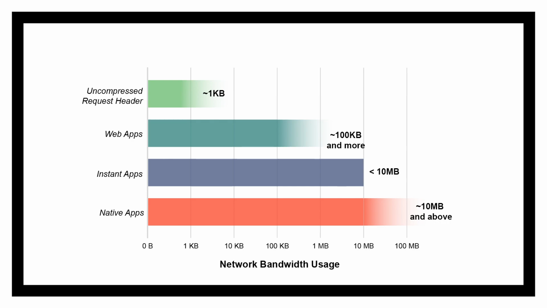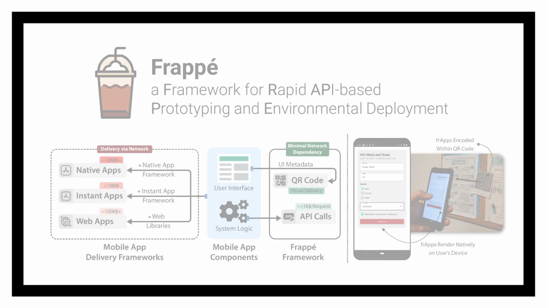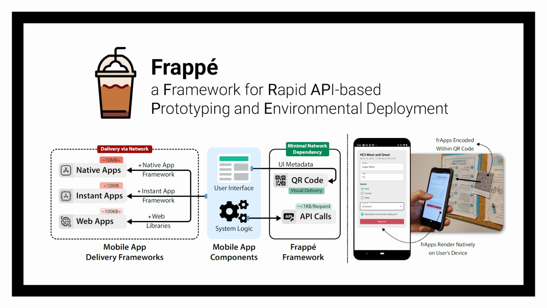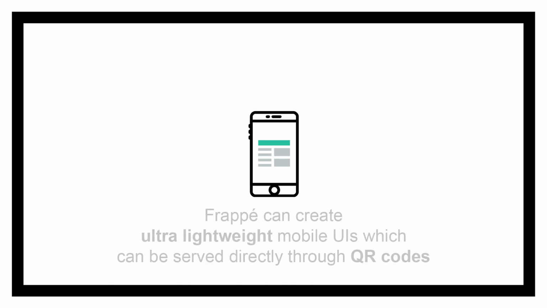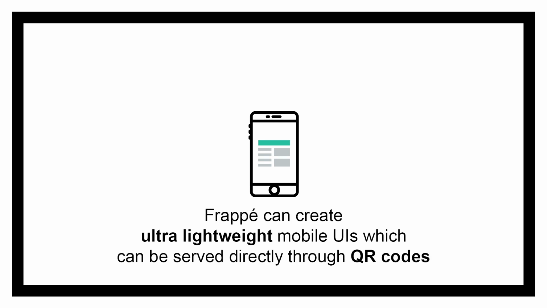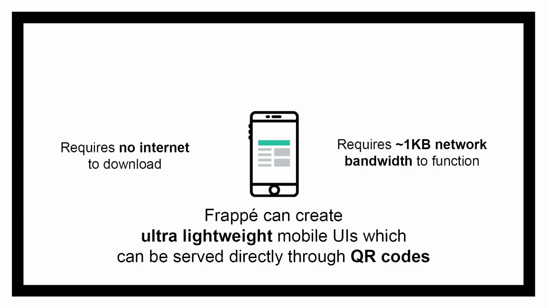We leverage this to create our mobile application framework, Frappé, which can augment the interactive capabilities of QR codes to not just redirect users to app markets, but instead serve the entire app's user interface without the need for any network connection. Using Frappé, app developers can create ultra-lightweight functional apps which can be loaded on a mobile device without any network connection and requires a minuscule amount of bandwidth for operation, making it suitable for ubiquitous use even in areas with very limited network connectivity.